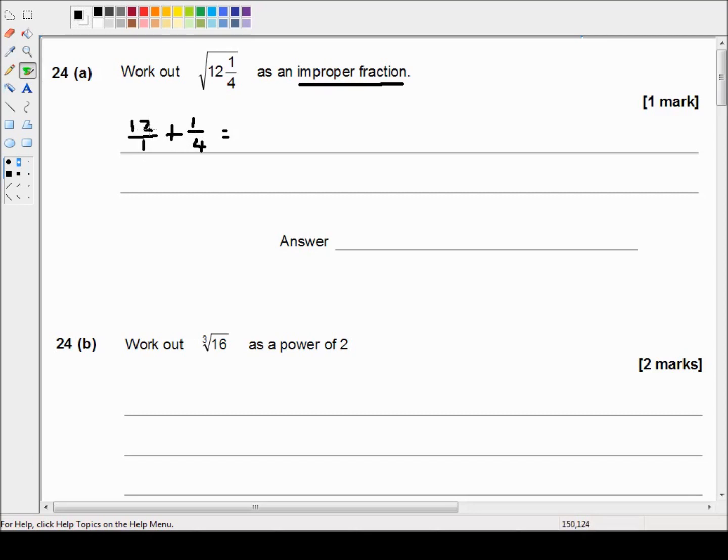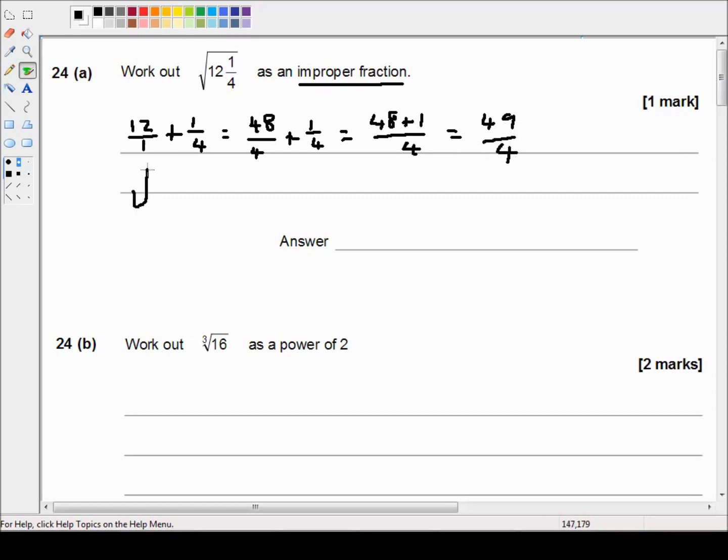So 12 times 4 is 48. So that's 48 divided by 4 plus 1 divided by 4. And now the denominators are the same, we can combine the numerators. So that's equal to 48 plus 1 divided by 4, which is equal to 49 over 4.